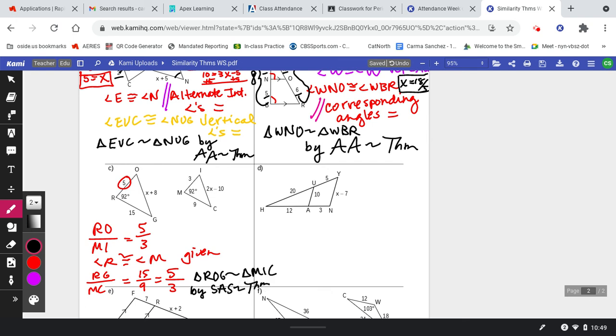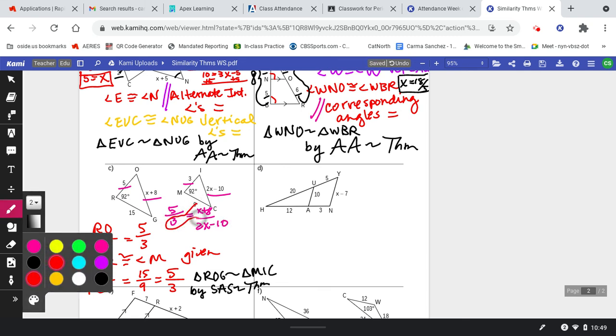Because I proved that they're similar, now I can do the ratios in order to solve the proportion. So we're going to say, and you can use either side here, it doesn't matter, but I'm going to go big is to small, 5 is to 3, as x plus 8 is to 2x minus 10. And so now I'm ready to cross multiply.